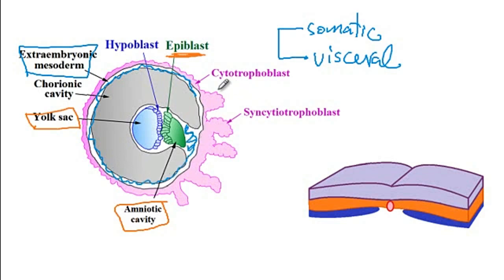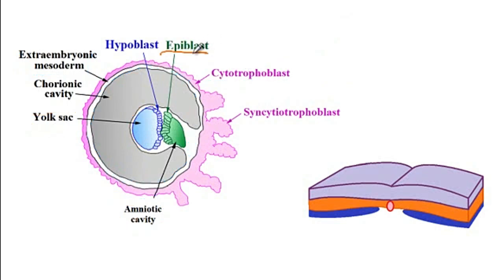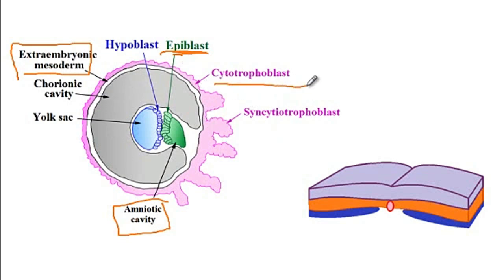You can see that it lines the cytotrophoblast as well as the amniotic cavity, while the visceral layer is lining the yolk sac. And so once again, epiblast gives rise to the amniotic cavity as well as the extraembryonic mesoderm. And so extraembryonic mesoderm has 2 layers, the somatic layer, which lines the cytotrophoblast as well as the amniotic cavity.